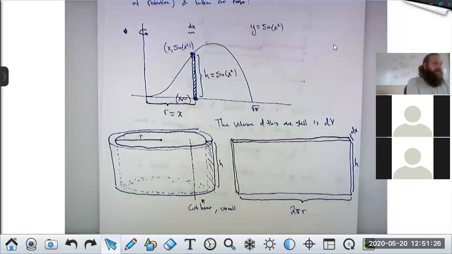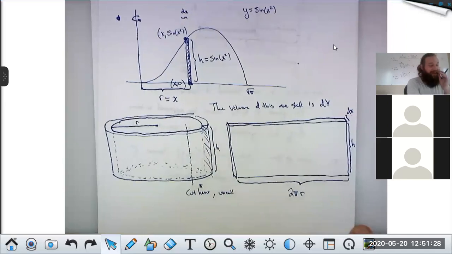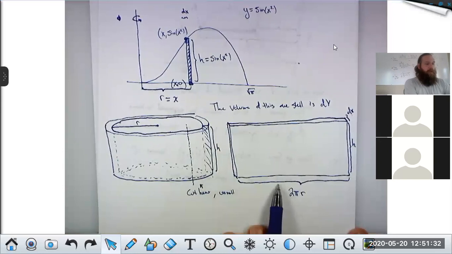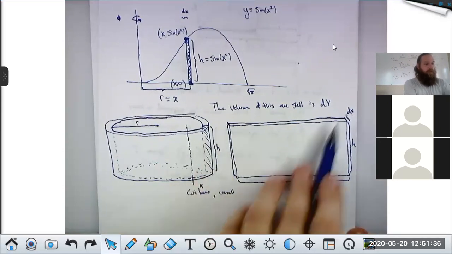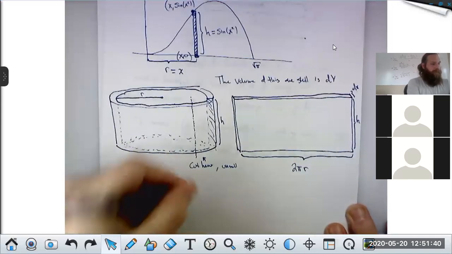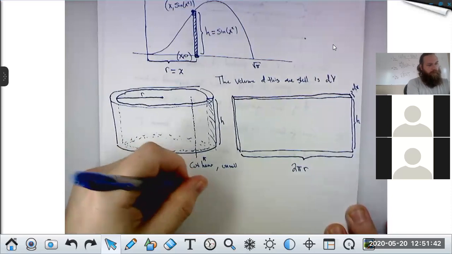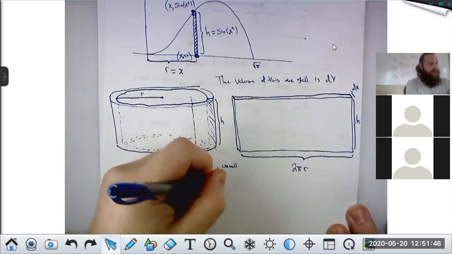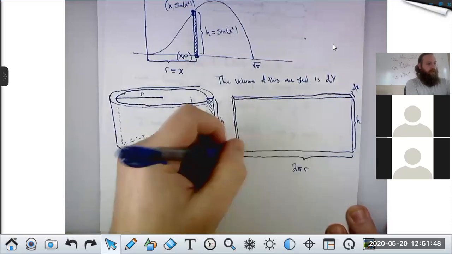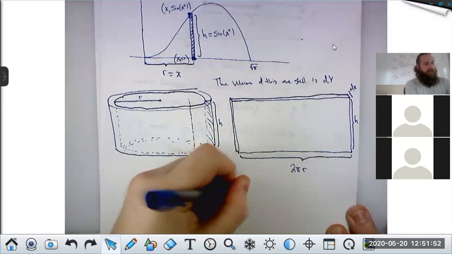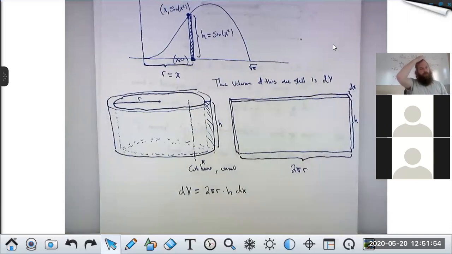Anyway, so coming back to our dV, I can cut and unroll this strip into this prism. The volume of this prism is going to be length times width times height. So dV is 2 pi r, that's your length, times h, that's your height, times dx, because that's your thickness.